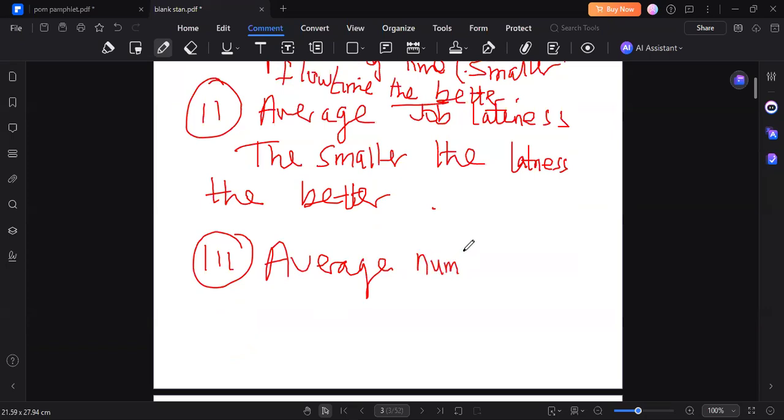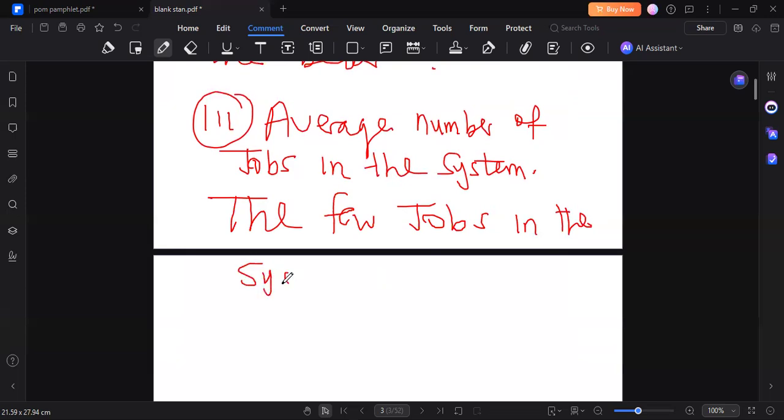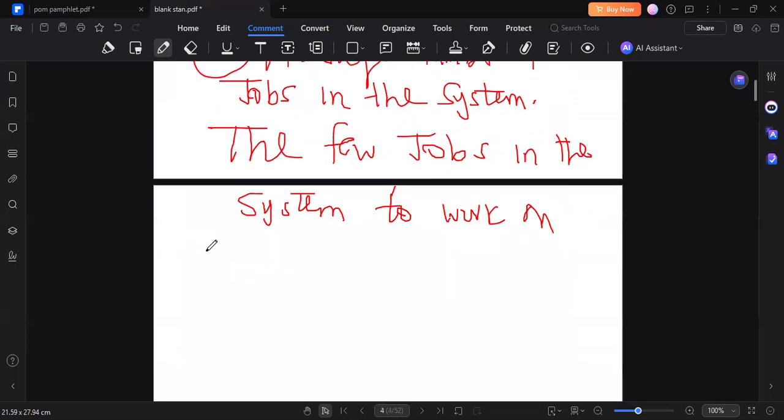The fewer jobs in the system to work on means better efficiency.